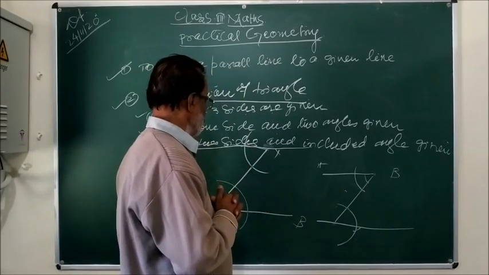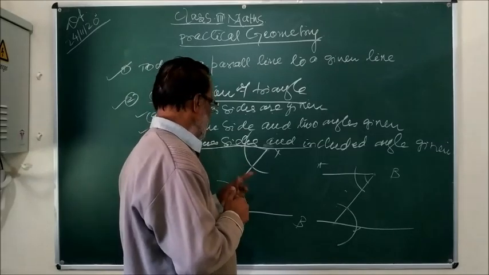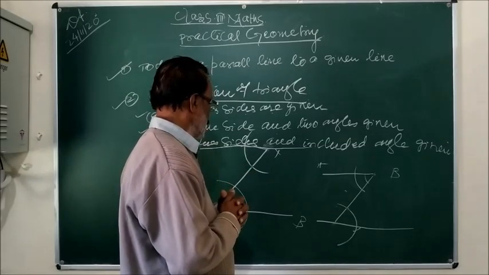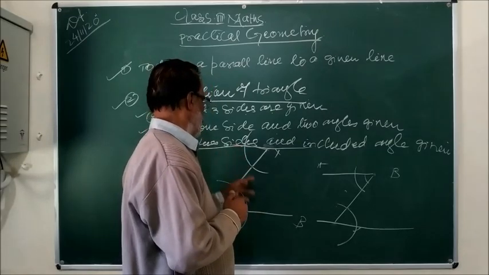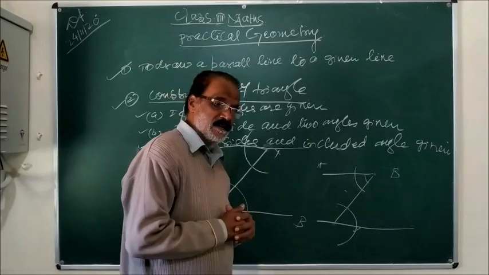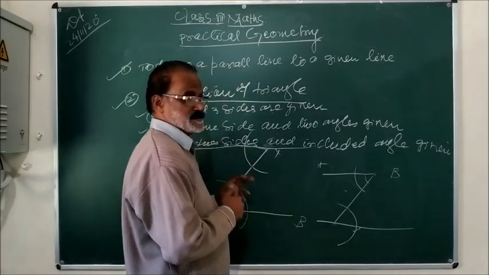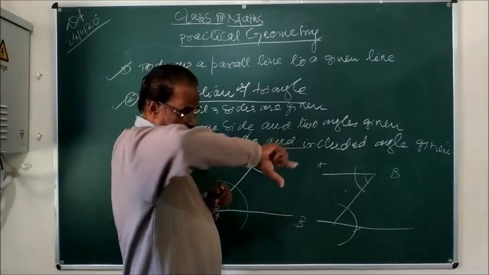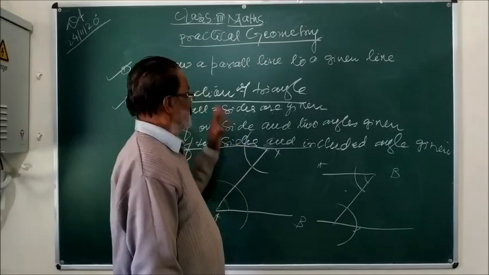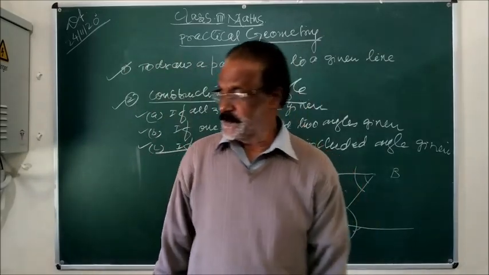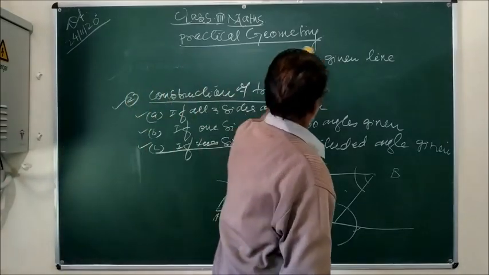But sir, how can you say these are parallel? Look, you must have learned that when two parallel lines are cut by a transversal, alternate angles are equal. We have made equal angles. These are alternate angles, and therefore the lines are parallel. This is a method to construct a parallel line through a given line.